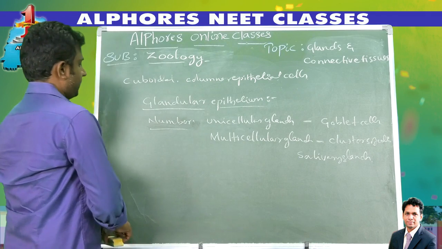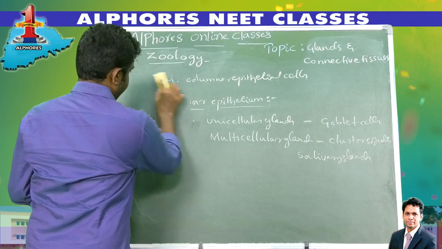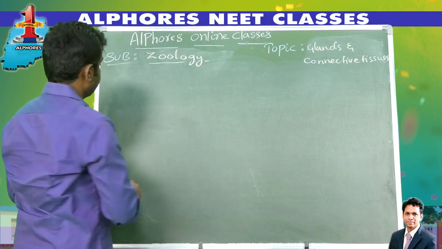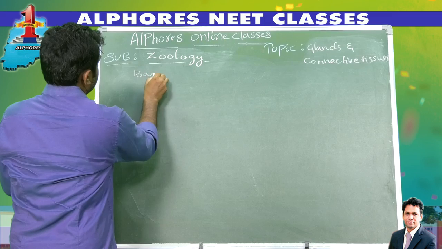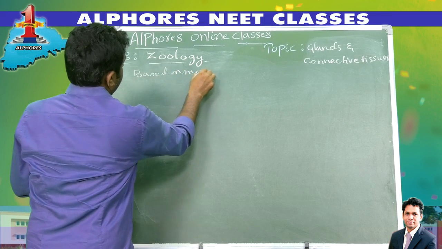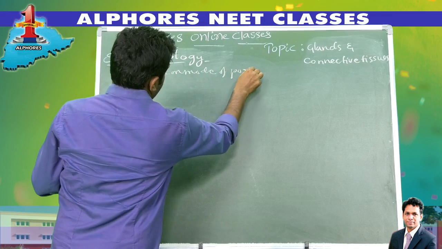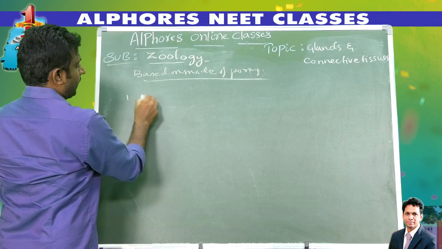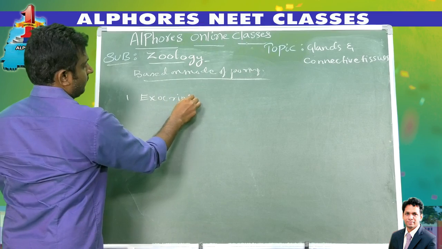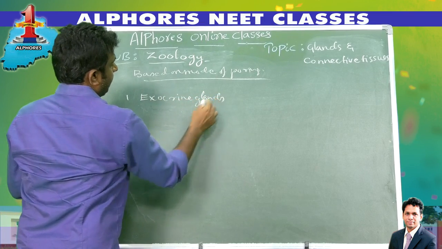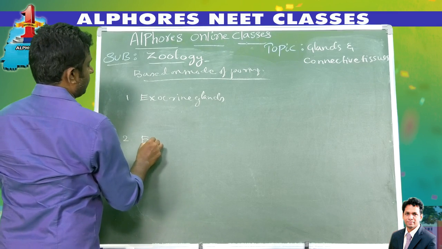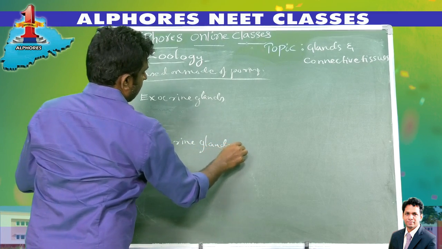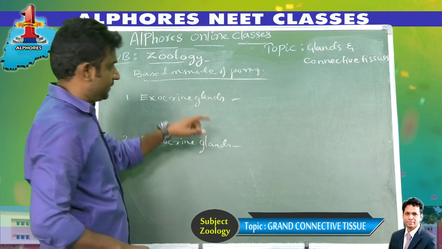Next, based on the mode of pouring, glands are of two types: exocrine glands and endocrine glands.